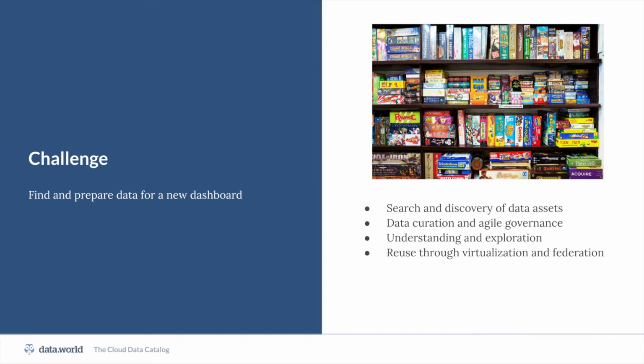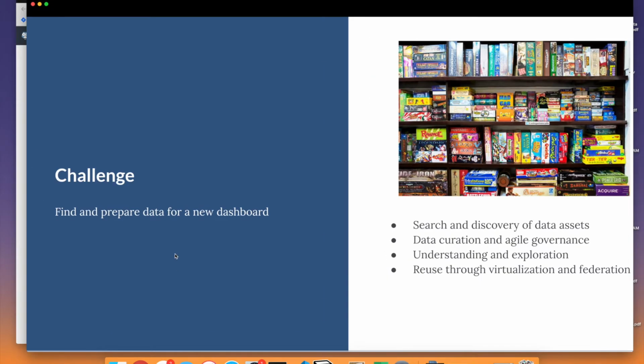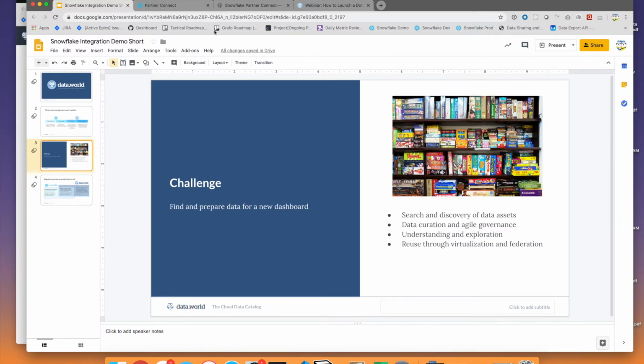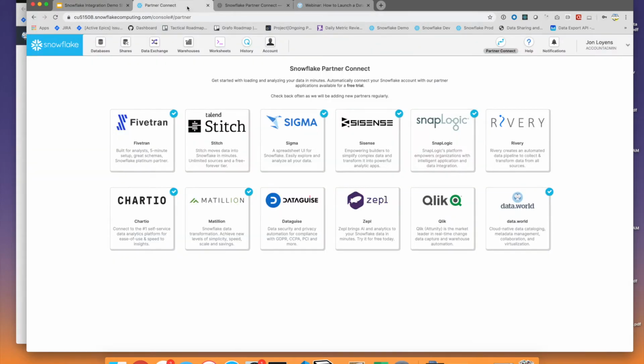Well, as I mentioned, we are the only cloud-native data catalog. As such, we're the only data catalog that's available in Snowflake Partner Connect, meaning you can come in and set up a free trial account of data.world very easily by talking to your Snowflake admin and clicking through it.